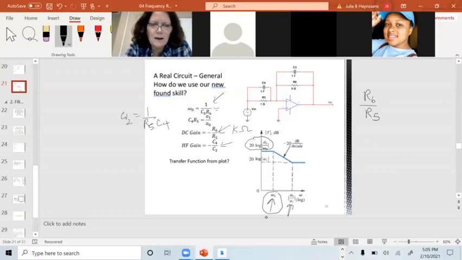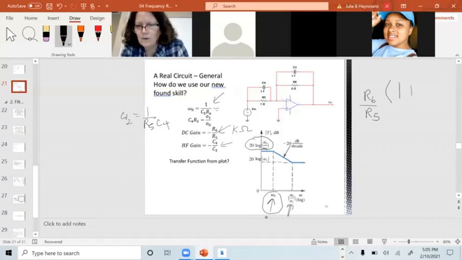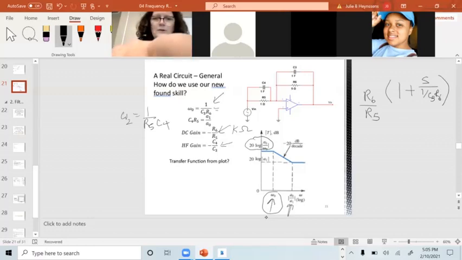My omega naught's 1 over C3 R6. So I'm putting a simple pole in, 1 over S, and my pole is at 1 over C3 R6. I'll tell you why you want to do this in a minute.